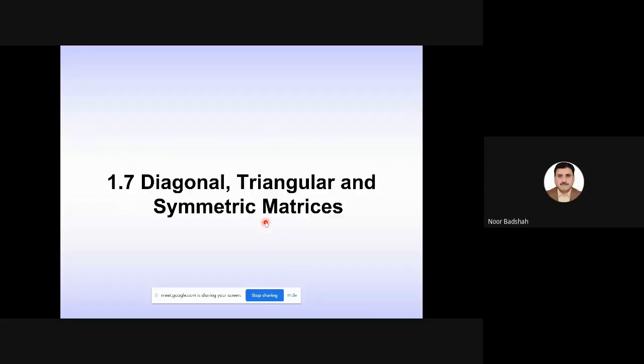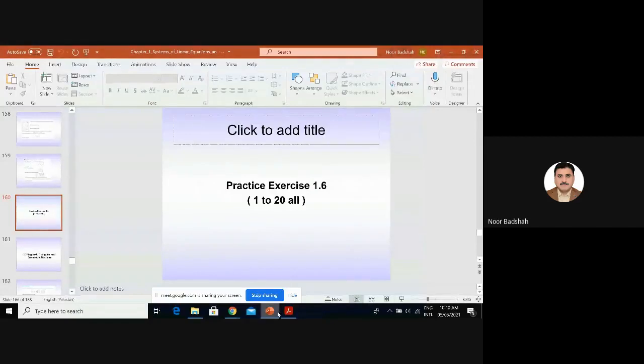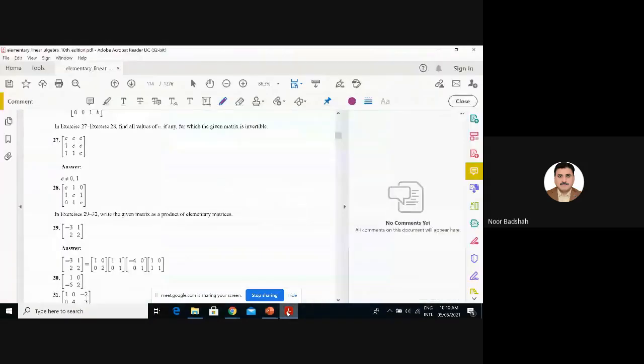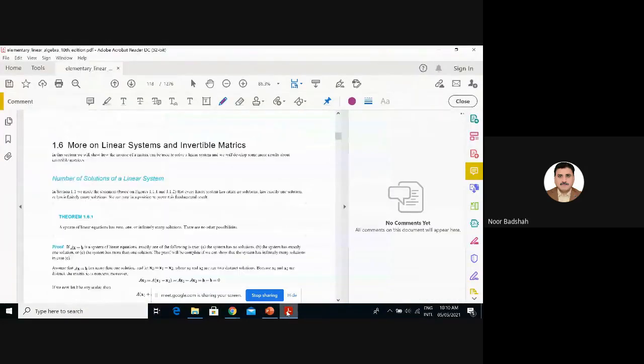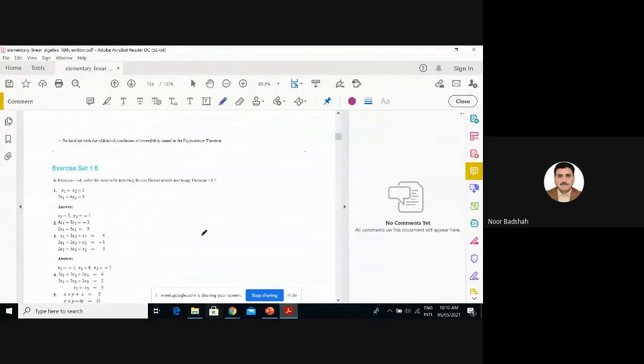So then we move towards exercise 1.6, from question 1 to 20. It's a simple question. Solve the system by inverting the coefficient matrix. We take the coefficient matrix, find the inverse, and multiply it to the right side.